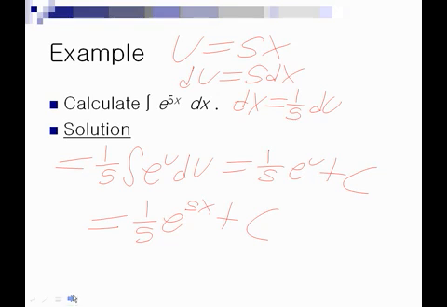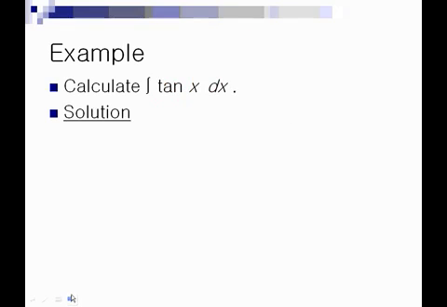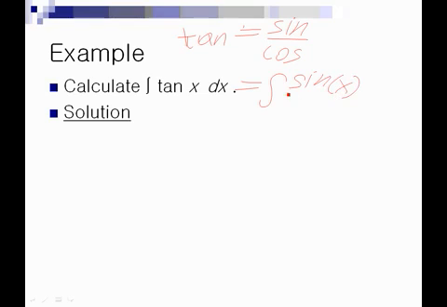All right, the tangent. Well, if you want to find that one, you want to have the tangent written as the sine over the cosine. So we should write this as the integral of sine of x over cosine of x dx.